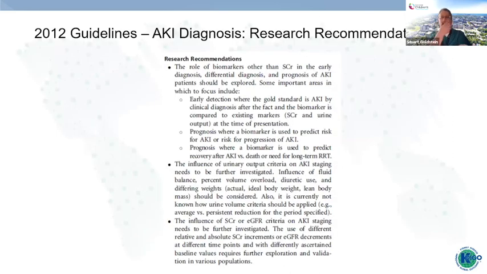So when we look at the 2012 AKI diagnosis and research recommendations, the role of biomarkers other than creatinine, and I'll discuss that a little bit later, there's a research recommendation to look at these in terms of early diagnosis, differential diagnosis, and AKI prognosis, because once the creatinine is already elevated, as you've seen, there's an independent association with mortality.